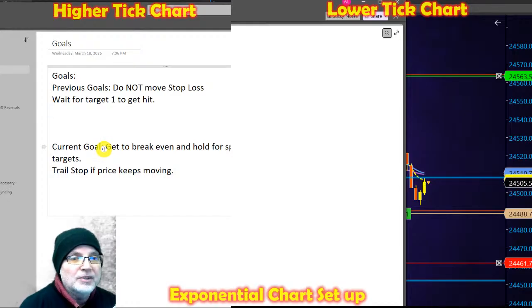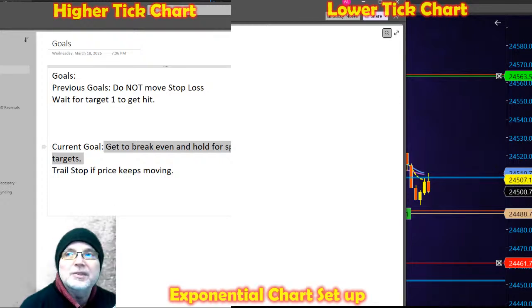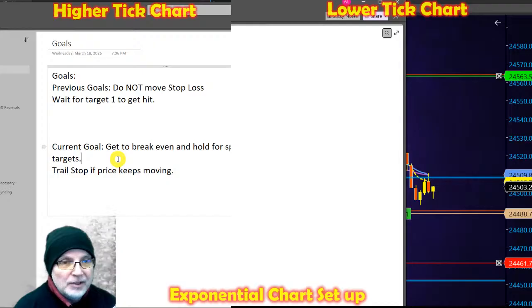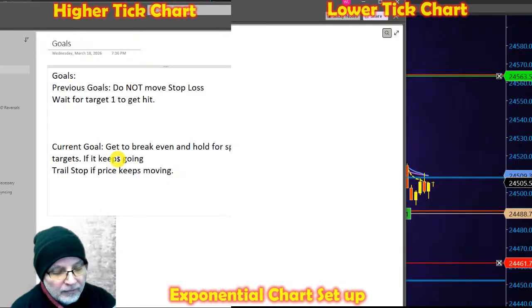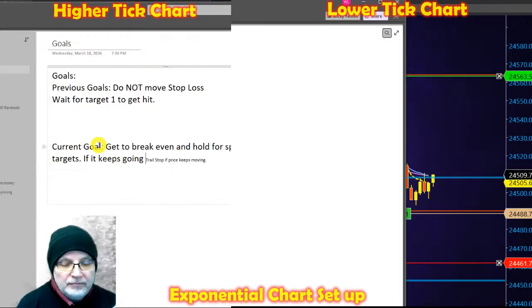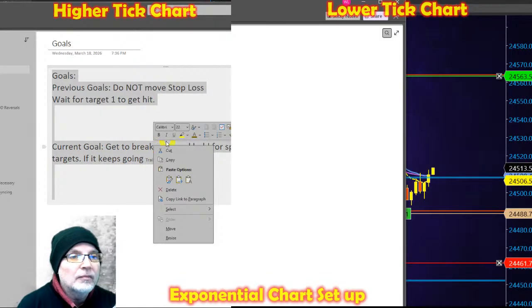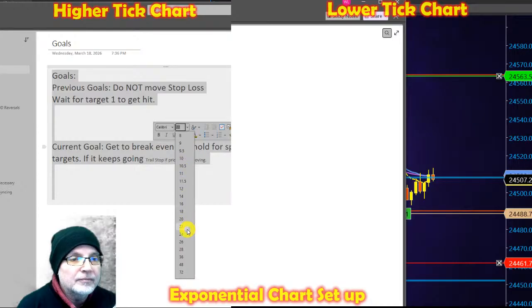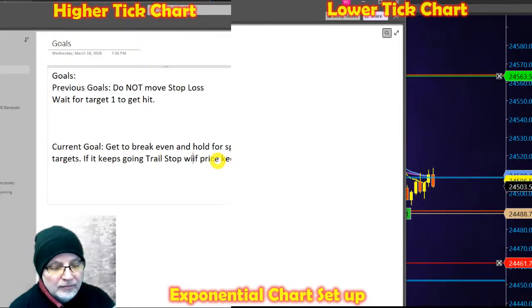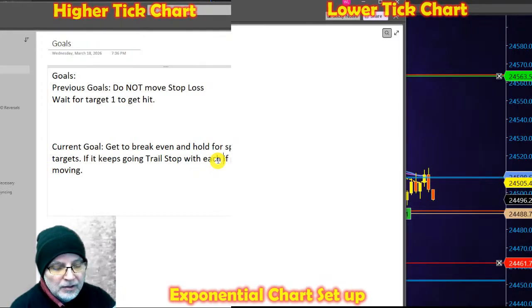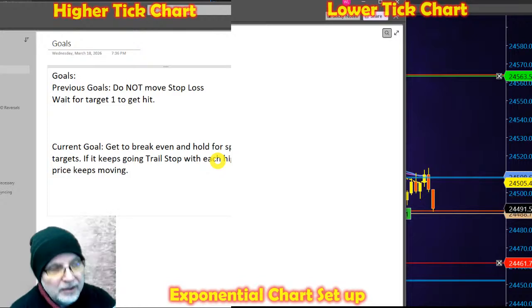What I'm trying to work on right now is getting to break even and holding for a specific target. If it keeps going, that's what I need to add, make sure I clarify: trail the stop if it keeps going, with each higher low pivot.